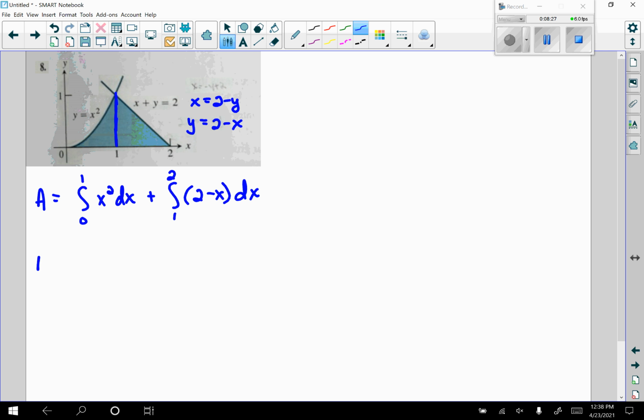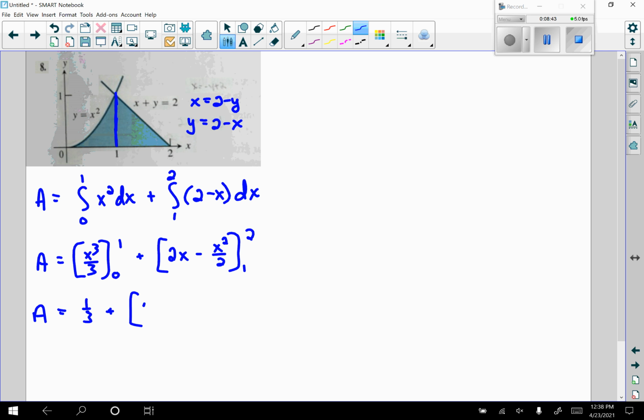Alright, so as we go to calculate this, we're going to get x cubed over 3 from 0 to 1. And we'll get 2x minus x squared over 2 from 1 to 2. So here we're going to get 1/3. We'll get 4, then 4 over 2, so minus 2.